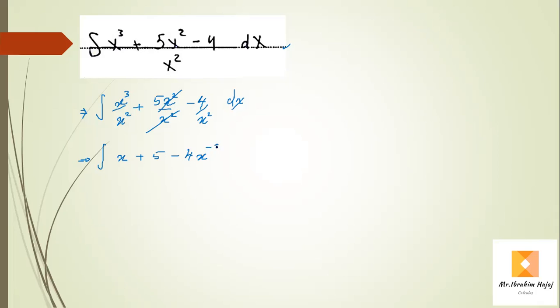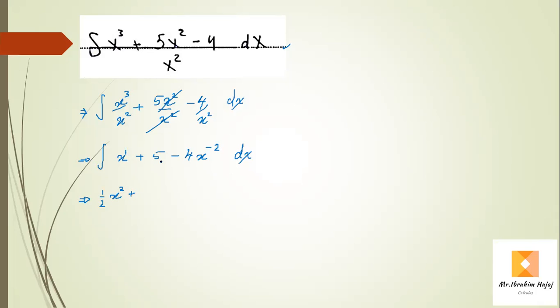Minus 4x to the power of negative 2. Okay. Do your steps for the integral. x over 2 plus 5x minus 4 x to the power of negative 2. When we add 1 it becomes negative 1, and divide by negative 1.